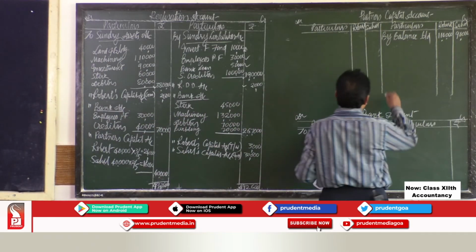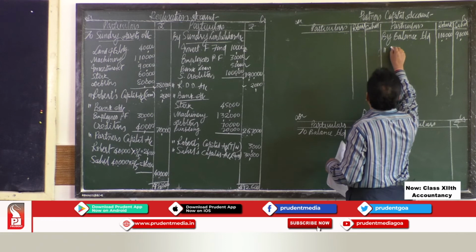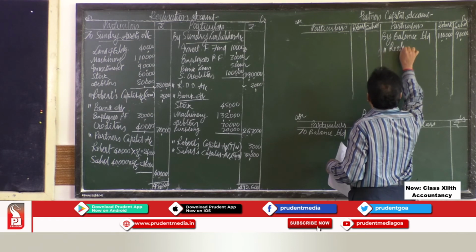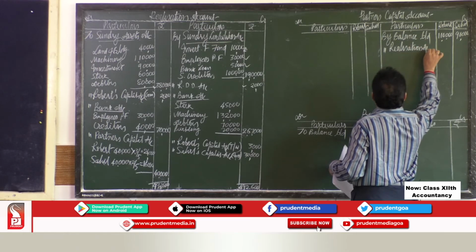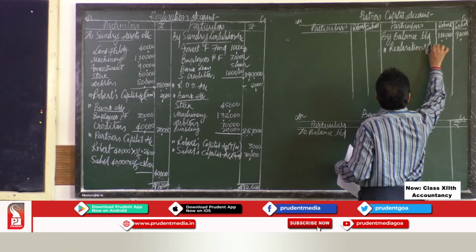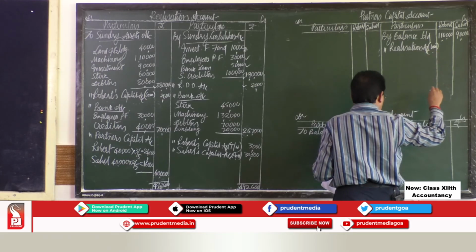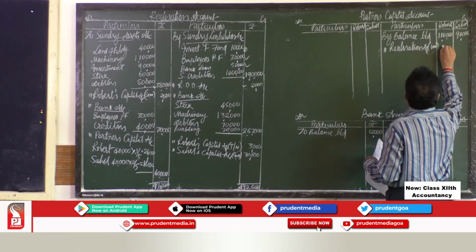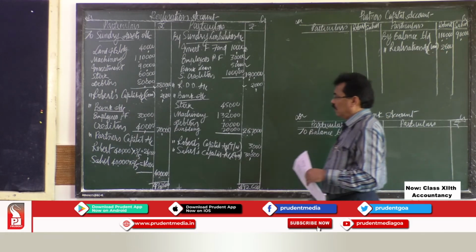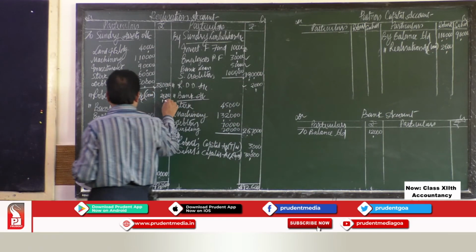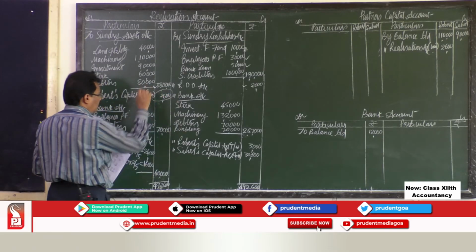So it comes on the credit side by realization account. Realization account, this is for commission. He is entitled to get commission of rupees 2,600. So this posting we have done.